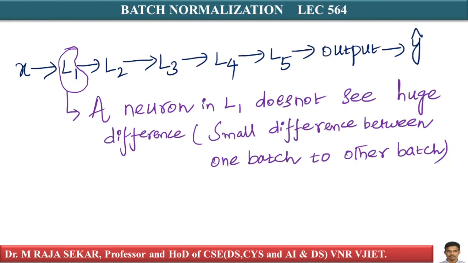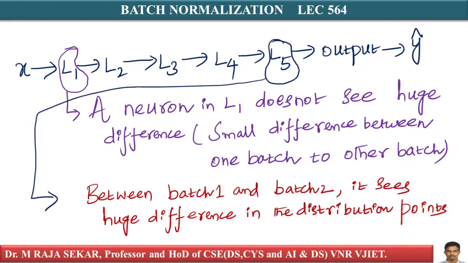But taking a neuron which is at L5, there are lots of operations happening between, let's say, batch 1 and batch 2. It sees a huge difference in the distribution of points. What does a neuron at L5 see?